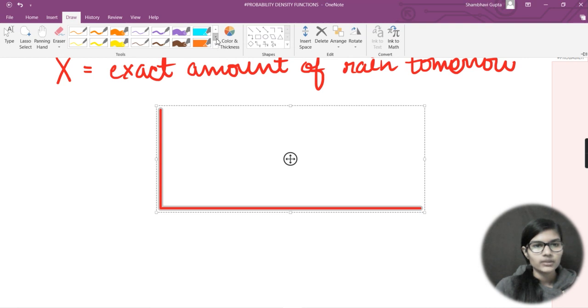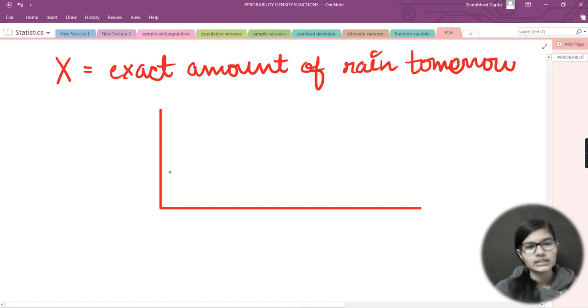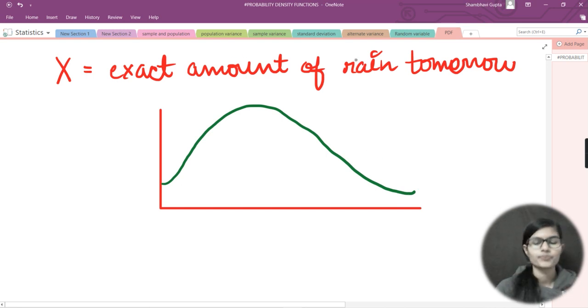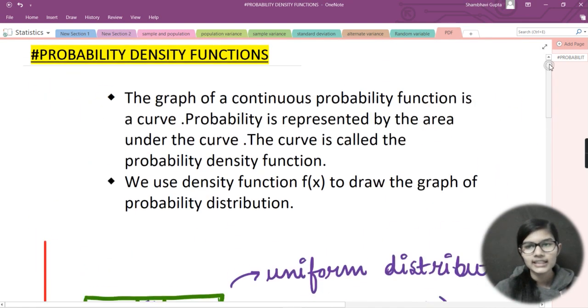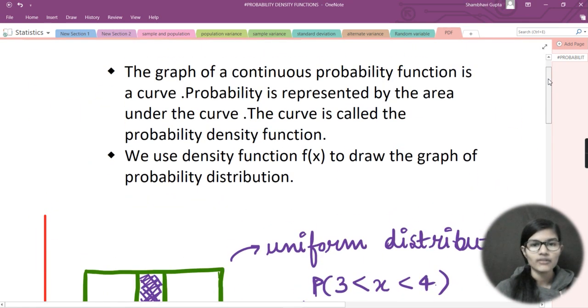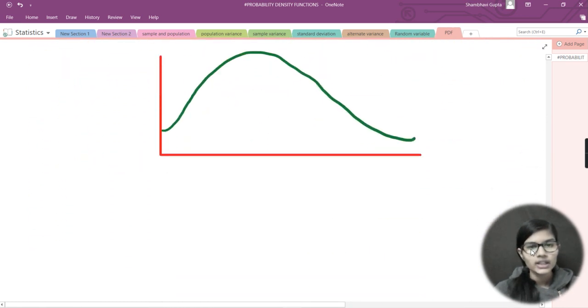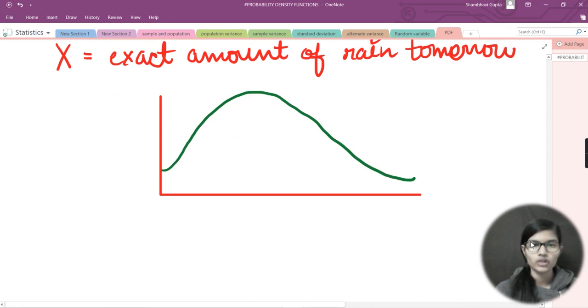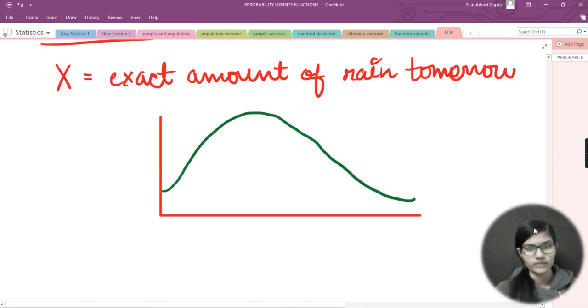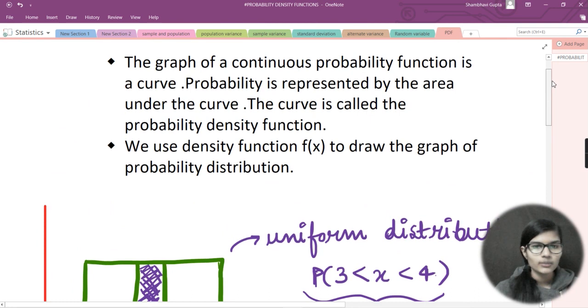And after that I'm simply going to make a curve here, which I will be defining as the area under my curve. Now just see the above definition which was written, that the graph of a continuous probability function is a curve. So here the graph which I had drawn for the continuous probability distribution is a curve, right? And then what was written, that probability is represented by the area under the curve.